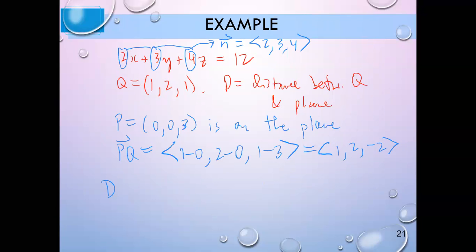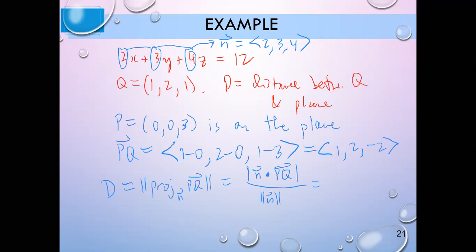And so what's the distance going to be? Well, it's the length of the projection of PQ onto N, which we have already determined is going to be the dot product of n and PQ in absolute value divided by the length of n.